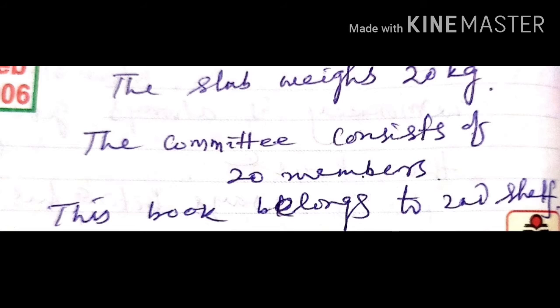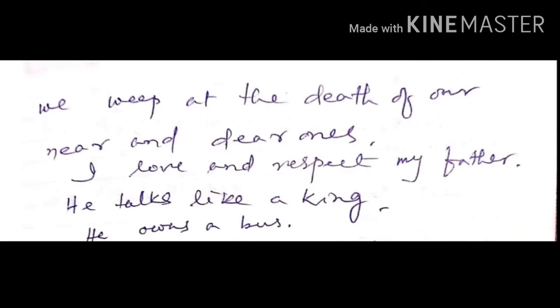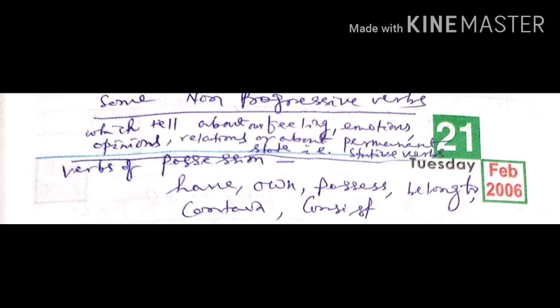This slab weighs 20 kg. The committee consists of 20 members. The book belongs to the second safe. We weep at the death of our near and dear ones. I love and respect my father. He talks like a king. He owns a bus.